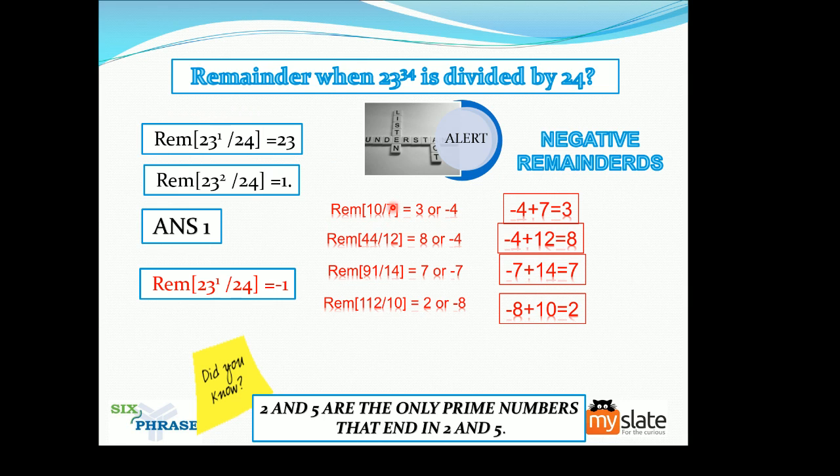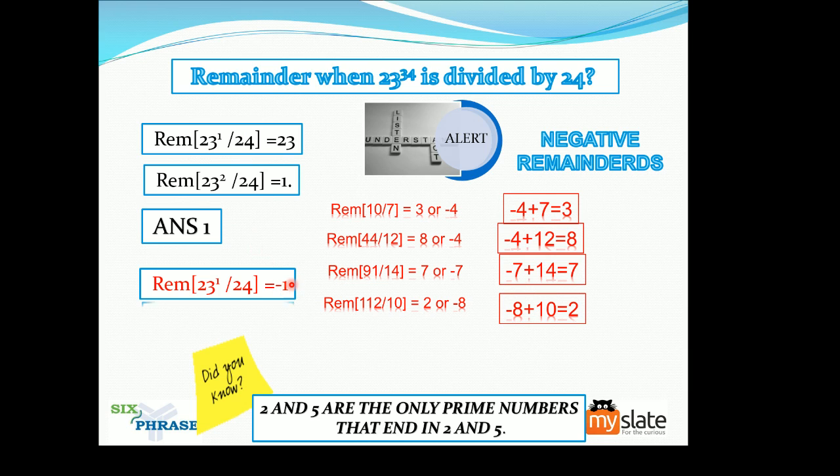From this divisor, I went 4 steps backwards. So from this divisor, how many steps backwards should I go here? 1 step, right? So the negative remainder is nothing but minus 1. So the remainder of 23 power 1 divided by 24 is nothing but minus 1.